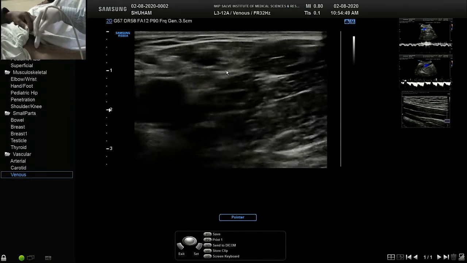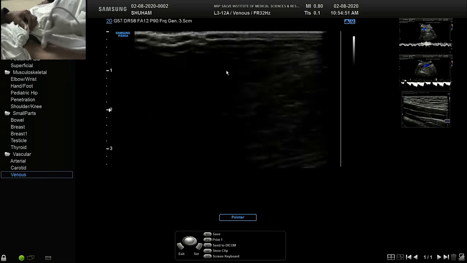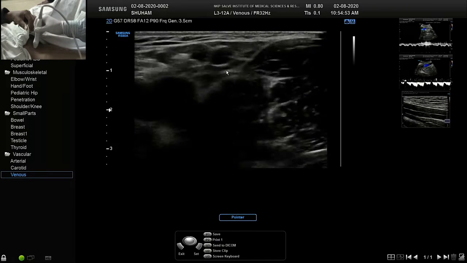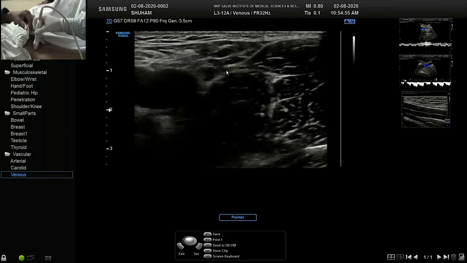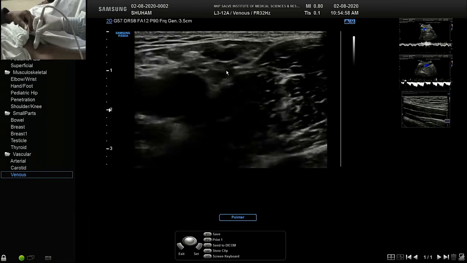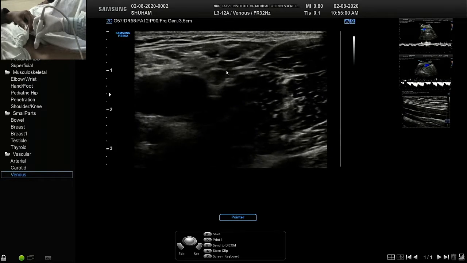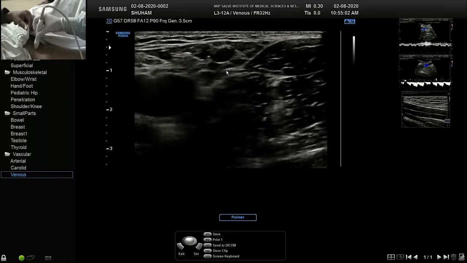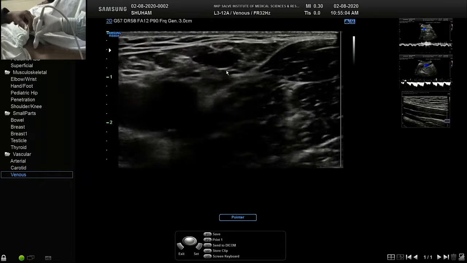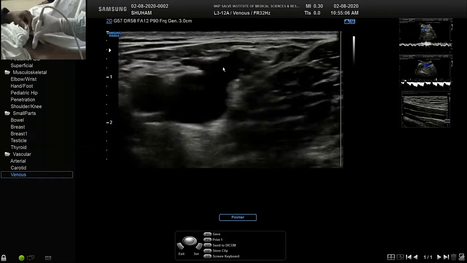If you trace the femoral vein, again you have to keep your probe very light because the veins are very superficial. You compress a little bit, give pressure and nothing will be seen. We'll adjust the focus up, a little bit of magnification, and you can see, follow this.